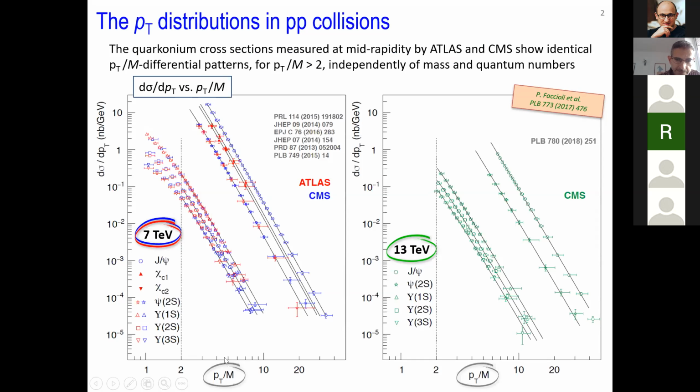And they are plotted not as usual as published as a function of PT, but as a function of PT over M. If we do this, we see that all these spectra become parallel to one another. These fitting curves are one curve simply repeated over and over.